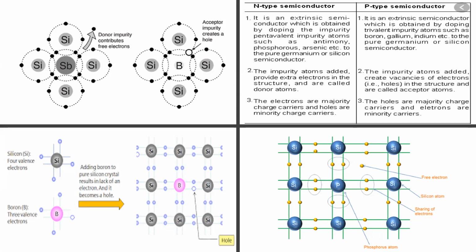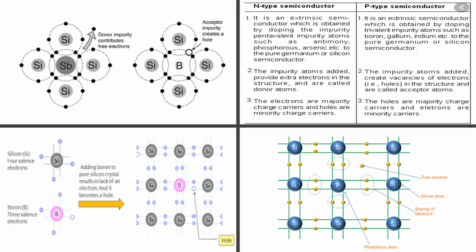So to that, if we add some impurity, maybe 10 raised to 8 atoms, then what happens? We will get 10 raised to 8 additional free electrons. So it will largely improve the carrier number, or it will largely improve the electrical conductivity of the semiconductor.